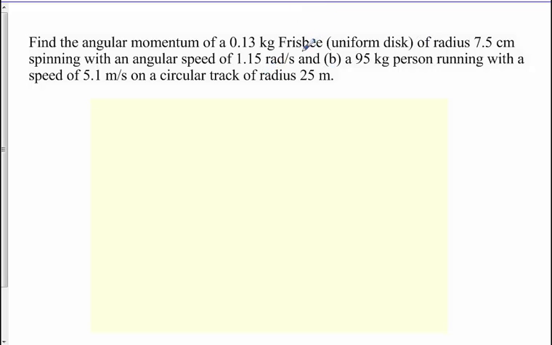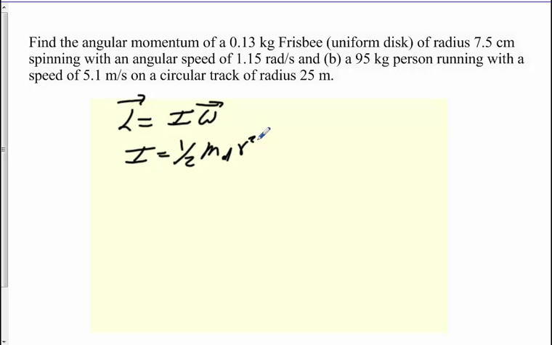To do the first part, I will go back, and I know L is equal to I omega. Again, those are vector quantities. Okay, we have a uniform disk, so I will use a moment of inertia equal to 1/2 the mass of the disk times radius squared.